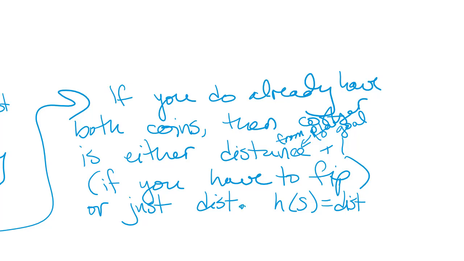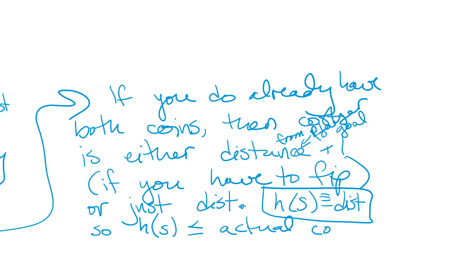Now the heuristic itself is exactly equal to the distance, so h of s is less than or equal to the actual cost. This is way more than I actually required of people to write out, I think.